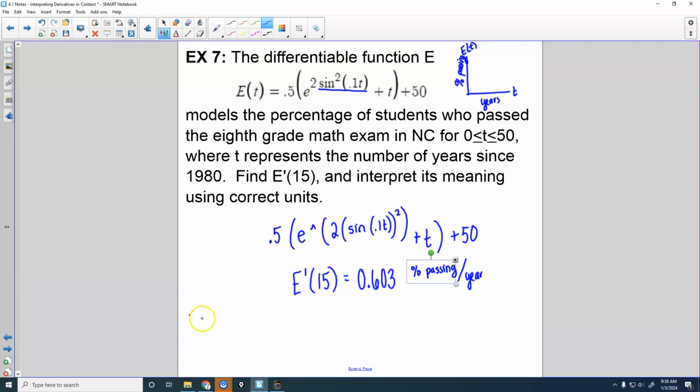So in 1995, you could say something like 15 years after 1980. That's correct. It's just kind of a weird way of saying it, right? But you could say it that way and it would be correct. So in 1995, what is happening here?